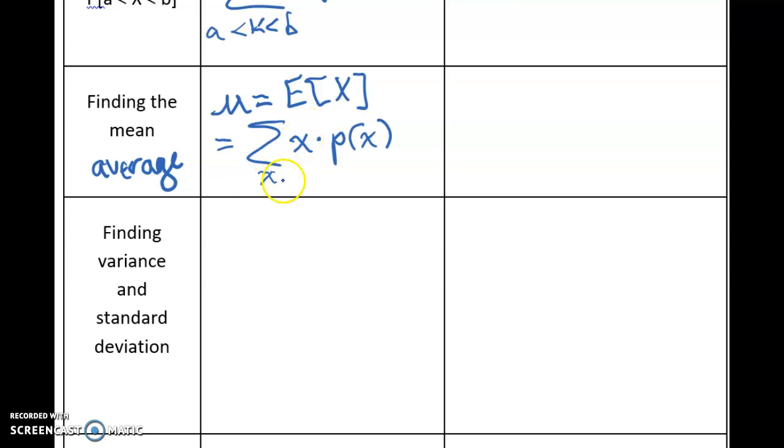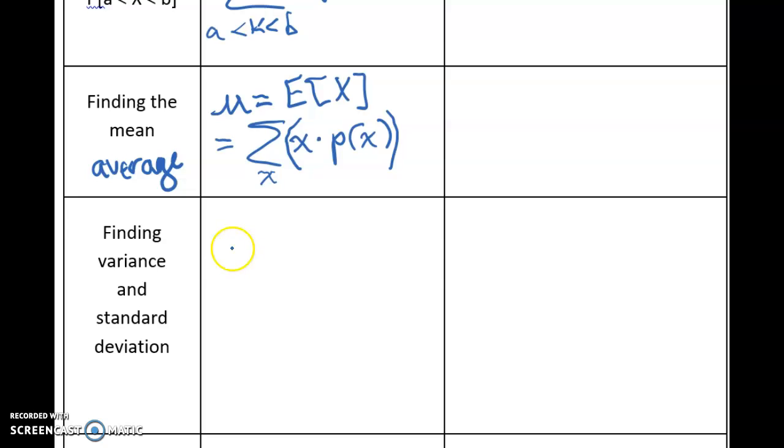This just means over all values of X. So I'm going to put brackets around this for now. We don't really need them, but you're going to take each X value multiplied times the probability and then add them up. This is really a weighted mean, a weighted average. It's weighted by the probabilities.